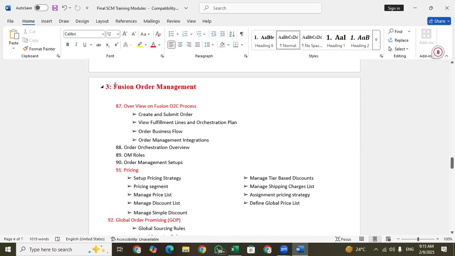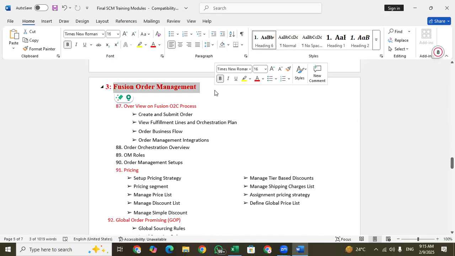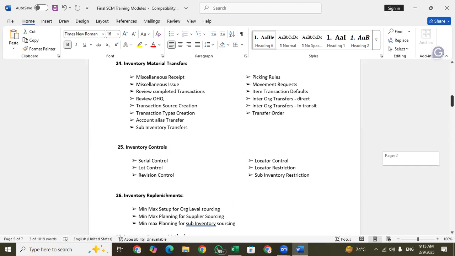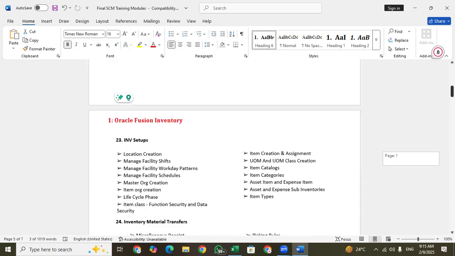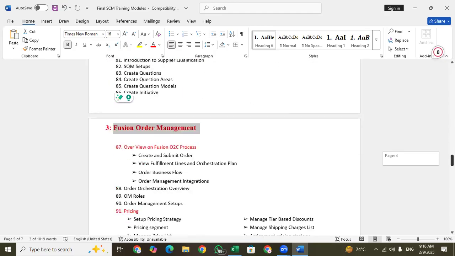Order management is one of the important and highly demanded modules. Why? Because once people learn procurement and inventory, they immediately start deploying their resumes in the market. Order management is a completely integrated module for all of supply chain management. It is integrated with inventory, procurement, planning, warehouse, costing and manufacturing.